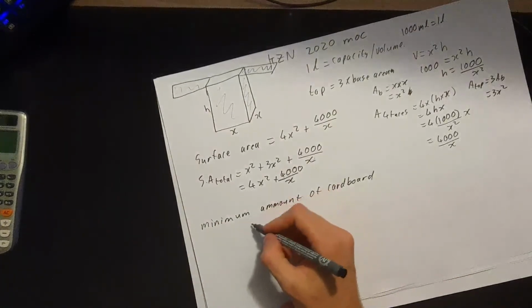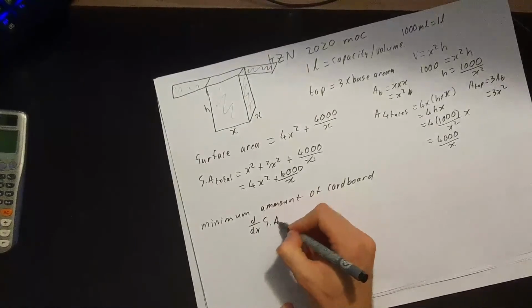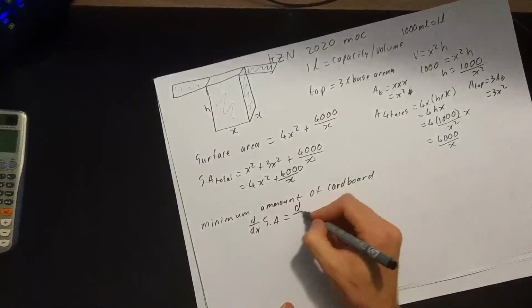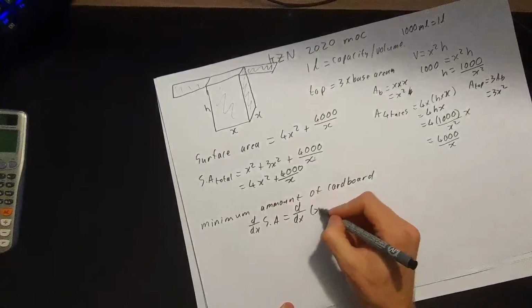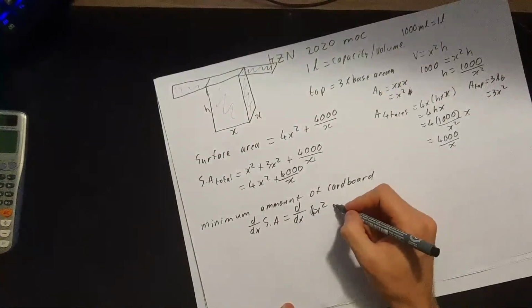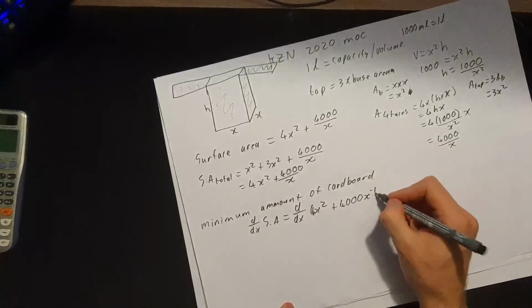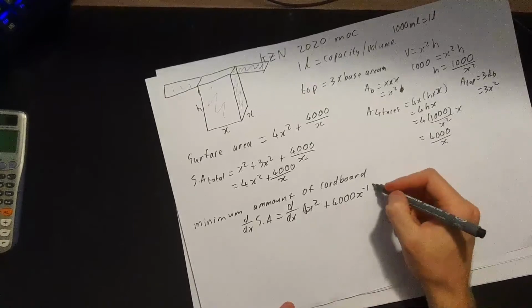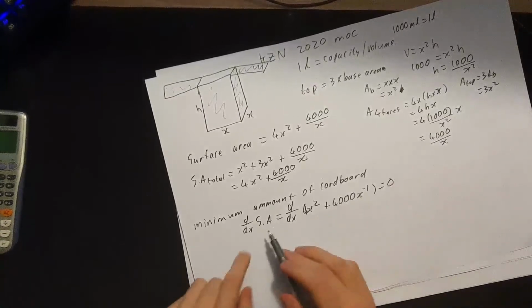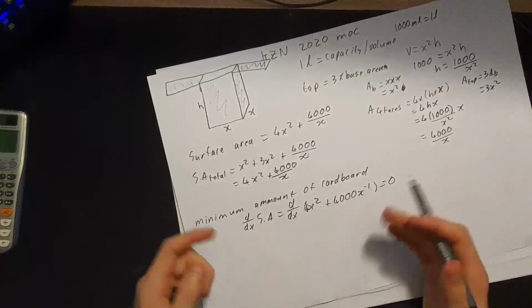So we're going to find the derivative with respect to x of our surface area, which is the derivative of 4x squared plus 4,000x to the negative 1, and we set that equal to 0. This is the correct way to write it out.